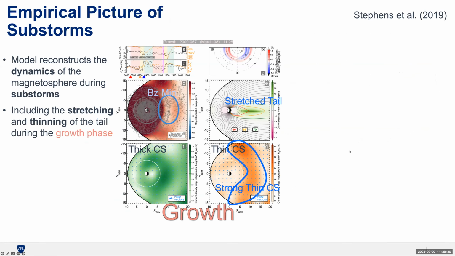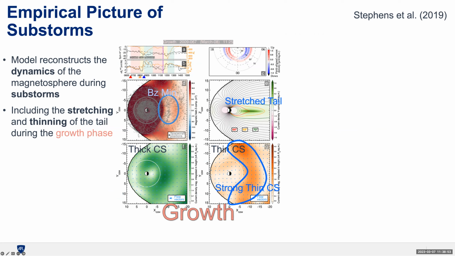So moving on to substorms, as I described, the substorm model uses a five-dimensional state space for the data mining approach. Here is the growth phase of a substorm. This is right around substorm onset for this particular substorm. And what we resolve are most of the main global features of substorms.